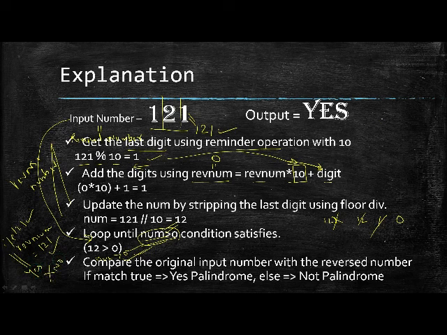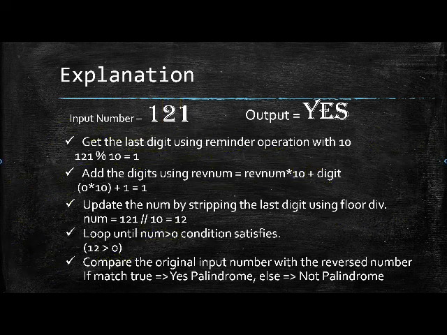Let's take another example: 3, 1, 4. Let's say this is the input number. If we reverse it, the reverse number will be 413. So are these equal? No, it's not equal. So it's not a palindrome.